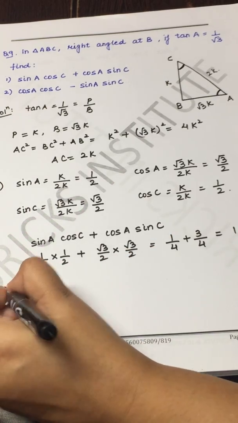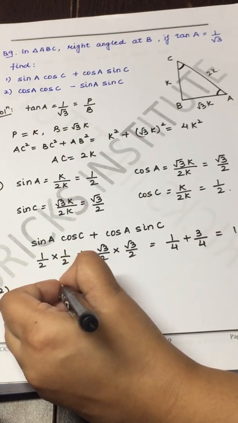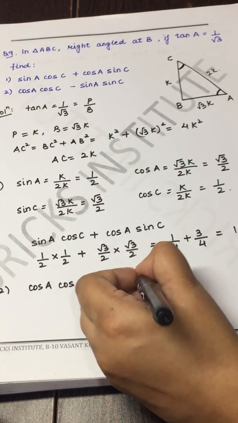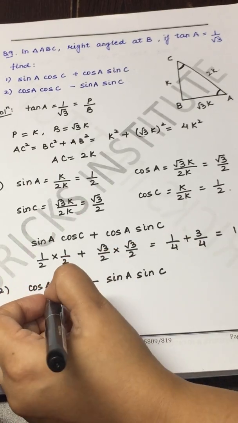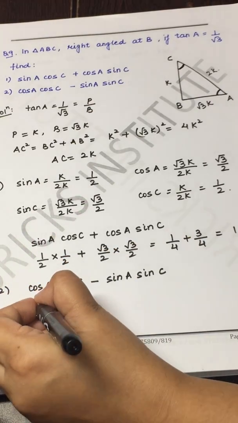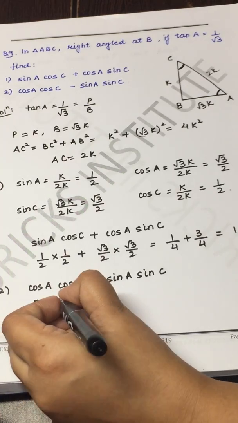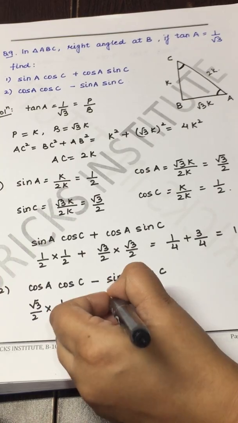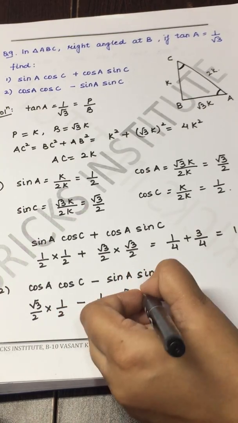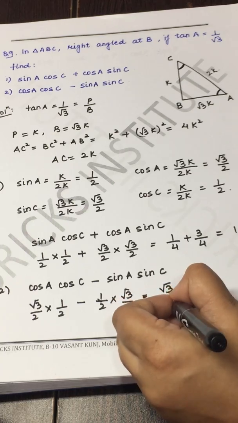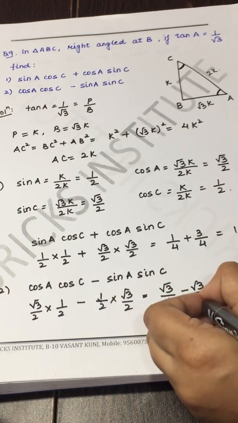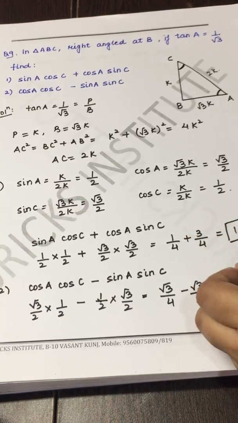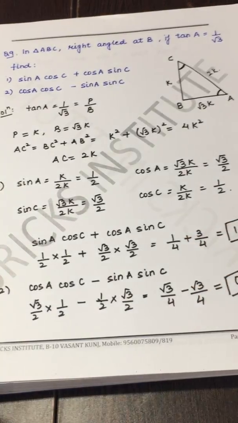Second part, cos A cos C minus sin A sin C. So cos A is root 3 by 2 into half minus half into root 3 by 2, which is root 3 by 4 minus root 3 by 4, which is equal to 0. So this is the answer for the first part. This is for the second part.